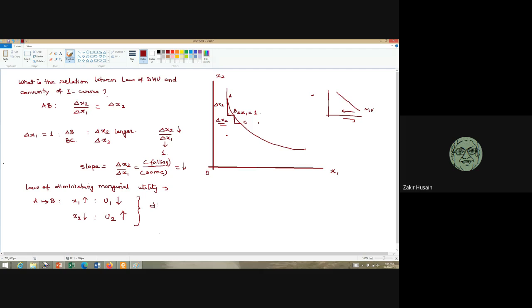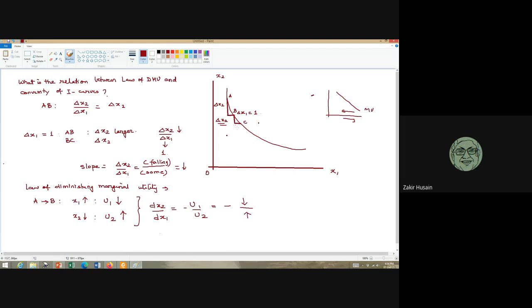Now remember that the slope of the indifference curve is u1 by u2, ignore the negative part. This implies it's negatively sloped. Okay. Right.